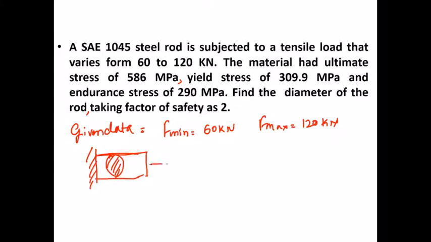It is subjected to two types of loads, F minimum and F max. You can calculate the values in terms of stresses in terms of diameter itself, otherwise you calculate values in terms of loads, then substitute in the final equation.